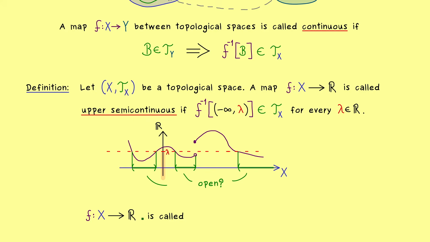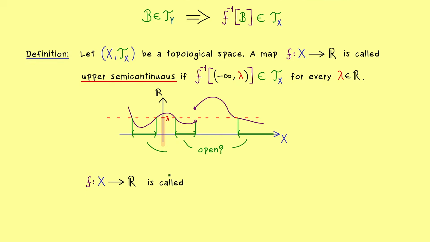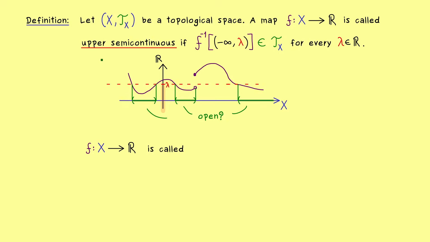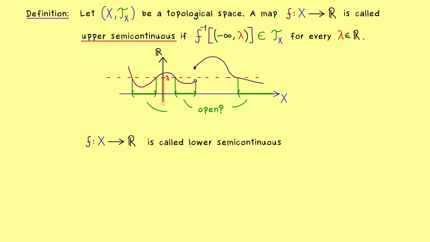Hence it might not surprise you that we also have a term that we call lower semicontinuous. And obviously there, the jump point from before has to be on the lower level. And more concretely in the formula, now we would look at the pre-image of the interval from lambda to plus infinity. And as before, we want that this pre-image is open no matter which lambda in R we choose.